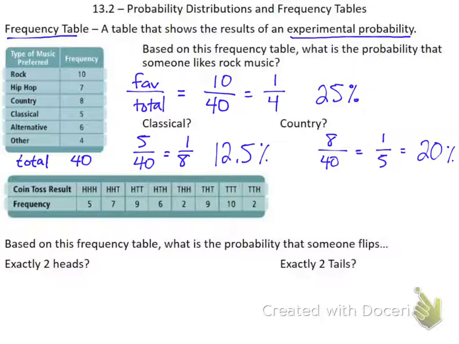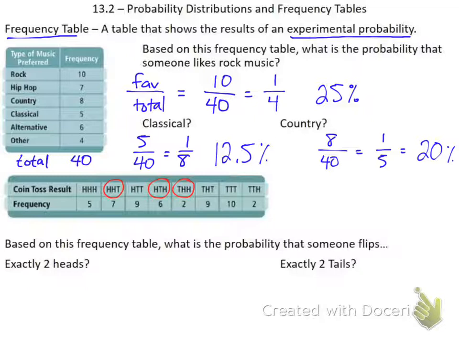With the second one, again given a frequency table, I want to find the probability that someone flips exactly 2 heads. Let me do it in red. These are all the examples of times that a person flips exactly 2 heads. So that's 3 heads, that's 2 heads and a tail, a head and 2 tails, and so on.